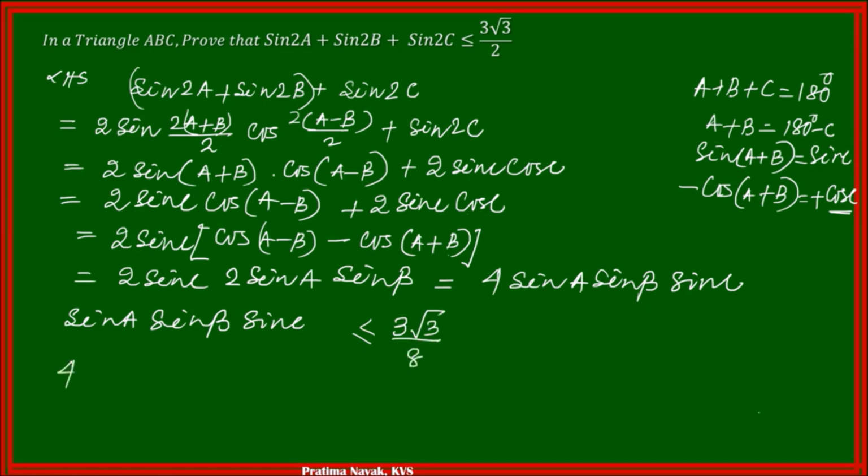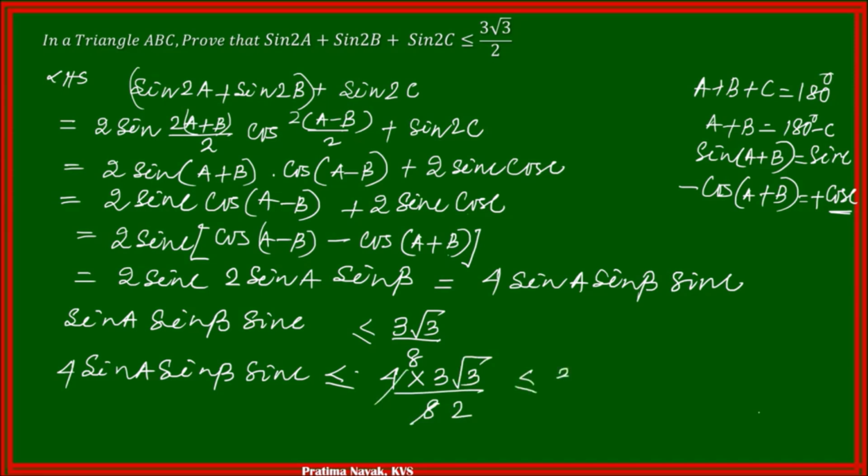So when I am getting 4 sine A sine B sine C, I'll multiply 4 on the right side also. It will be 4 multiplied by 3 square root 3 by 8, or this will be 3 root 3 over 2. So hence it is proved.